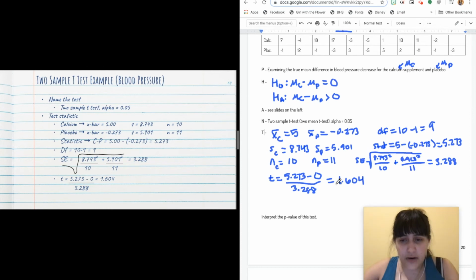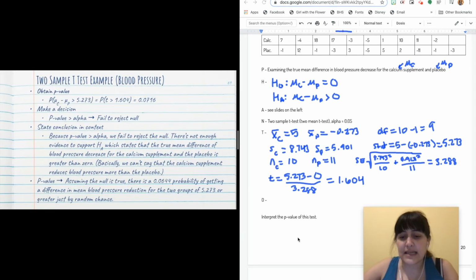We just figured out our T value. So that's, remember, what we use as one of our boundaries in the calculator for the O step. So I got to switch back to this. O stands for obtain p-value. So that's what comes next. This is the part where you need to switch over to your calculator. But before you do that, make sure you write the probability notation.